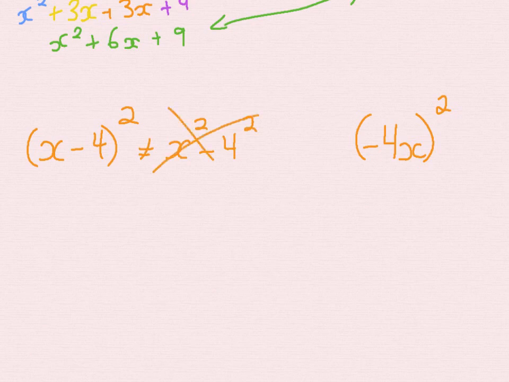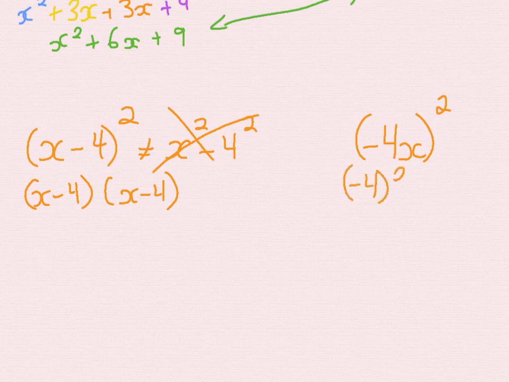No. This means that we are actually taking our bracket and multiplying it by itself. But over here, I have no addition or subtraction going on. So we take this 2 and we bring it in. And of course, our 4 was in brackets, so we keep the brackets. And then we get a positive 16x squared.